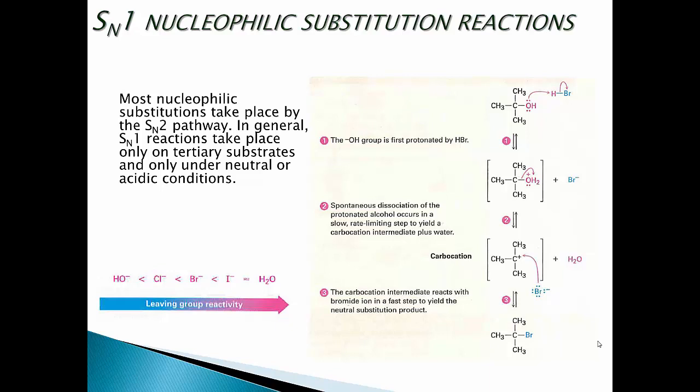So hopefully you remember back to R and S. So remember R and S, so when you do the priorities around your chiral carbon, your numbers 1, 2, 3, 4, 4 is always in the background, and if it's clockwise it's R, if it's anti-clockwise it's S. So in this reaction here we would get 50% R and 50% S as our products.